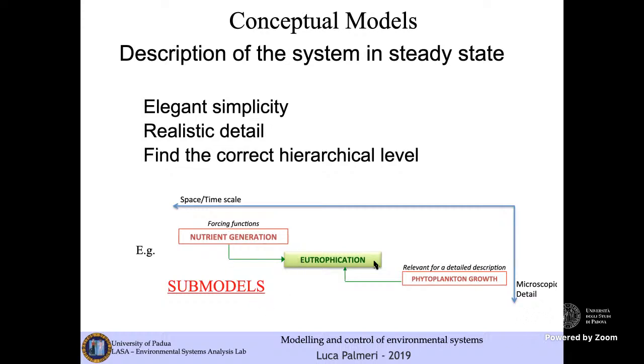So I identify the hierarchical level of the problem I want to describe, and I shall also identify the lower and higher hierarchical levels, which are typically described in my conceptualization by submodels. In particular, the submodels in a eutrophication model may be that of nutrient generation, the process of producing nutrients that go into the surface water body, and, at a lower hierarchical level, the process of phytoplankton growth.